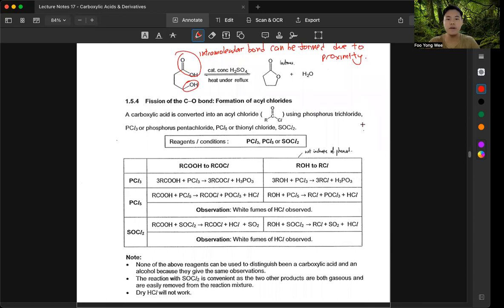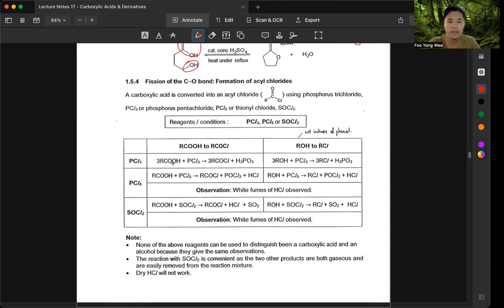Okay, another reaction that involves the fission of the CO bond is acyl chloride formation. So you can use PCl3 or even PCl5 or SOCl2. What happens is that you have an acid, and you cleave away the OH. It's actually cleaving here.